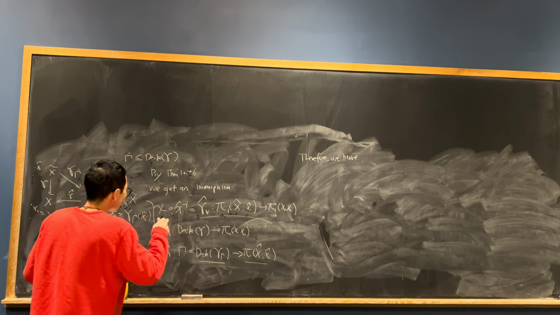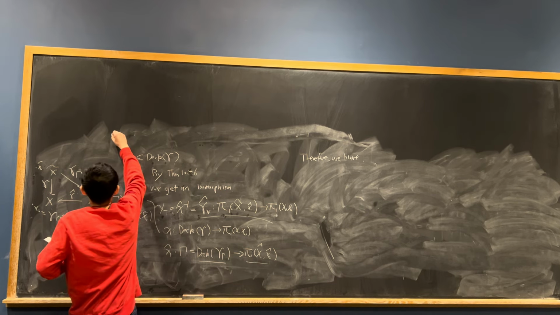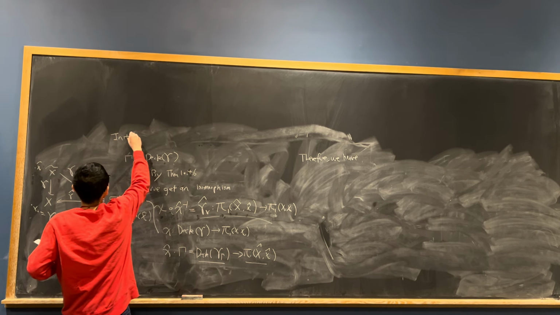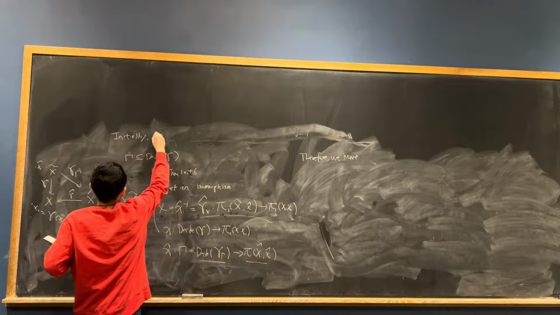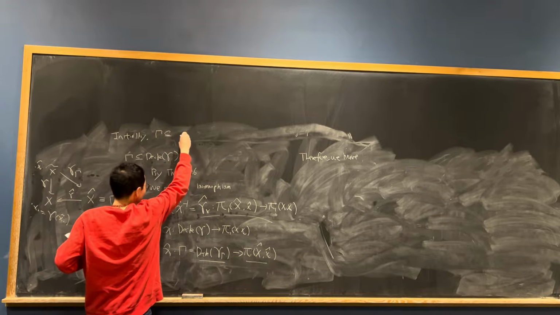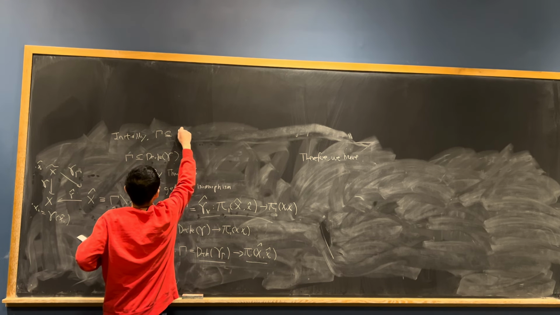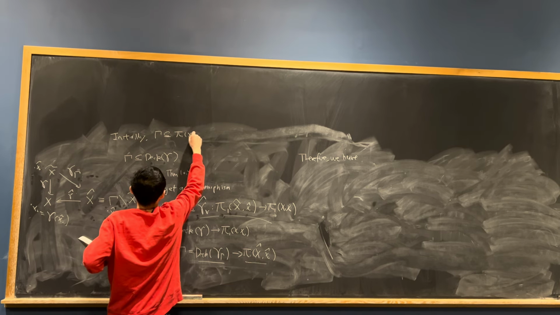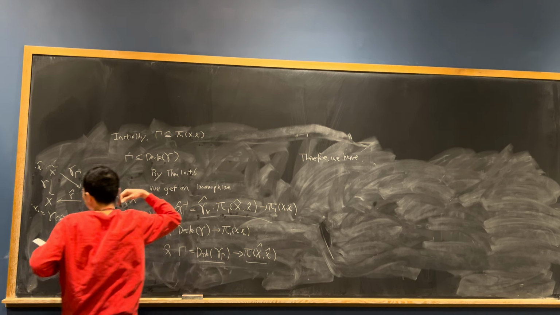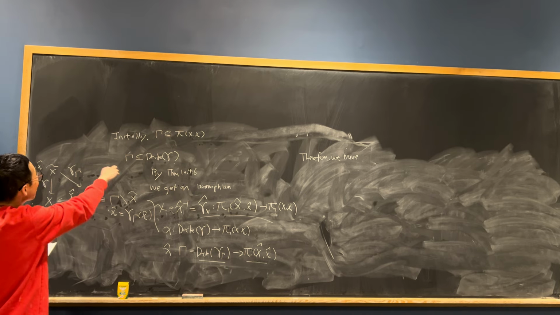Okay, so initially, we know that this gamma is a subgroup of the group pi 1 of x naught, right? Oh, I see.